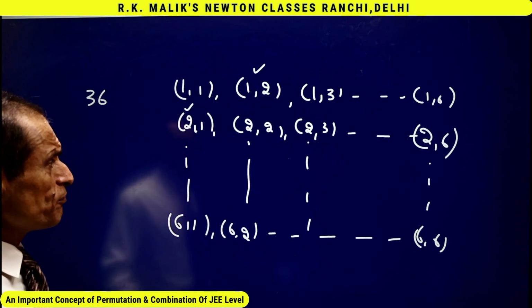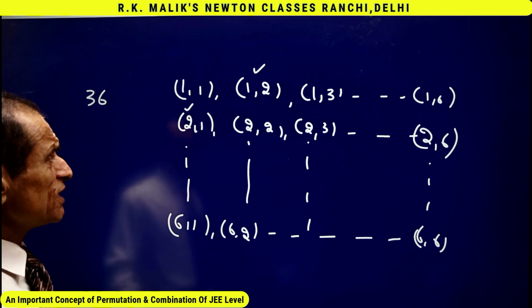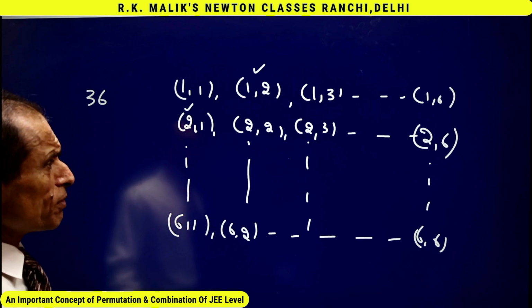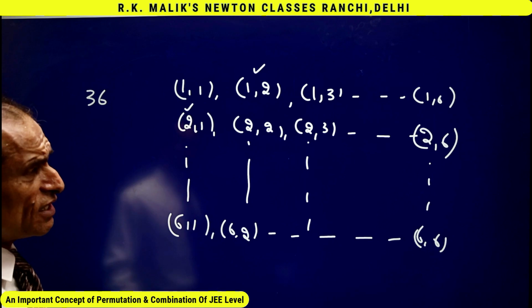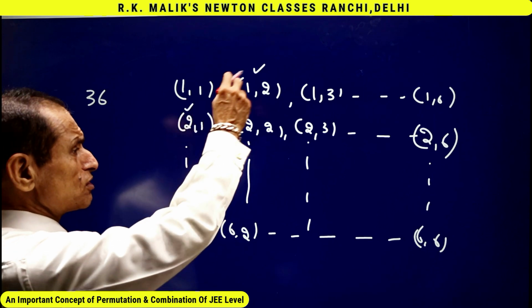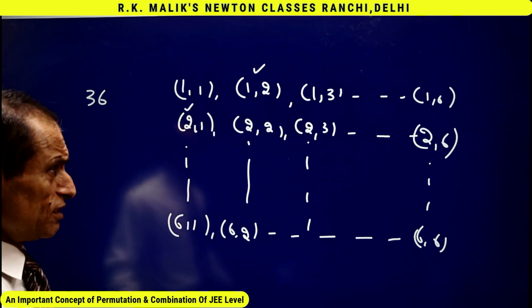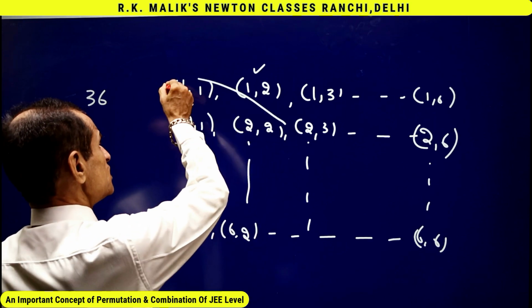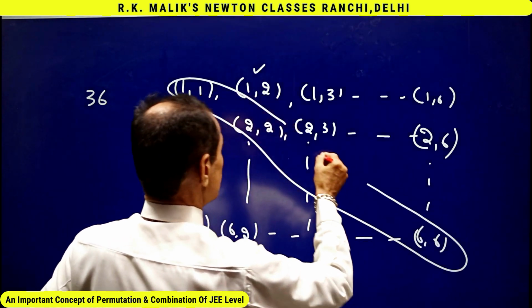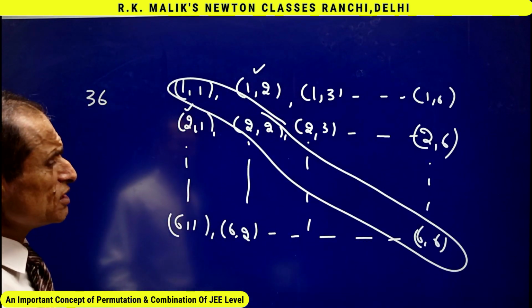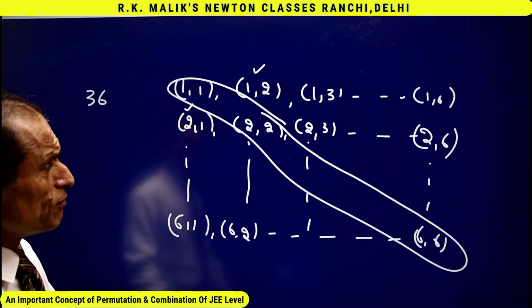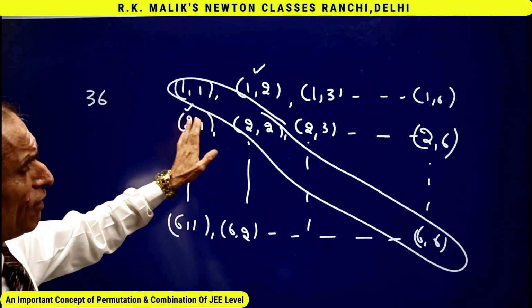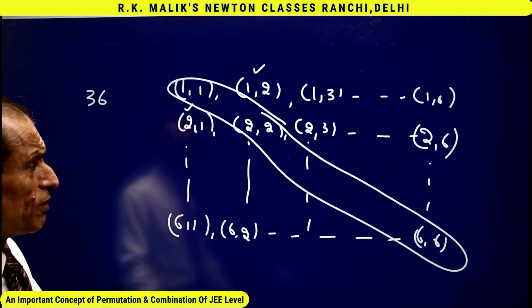And hence, in the case of identical dice, the total number of outcomes, don't say it is 18 because half of 36 is 18. No. Note that these 6 cases, previously also every case was counted one time, and now also every case is being counted one time.